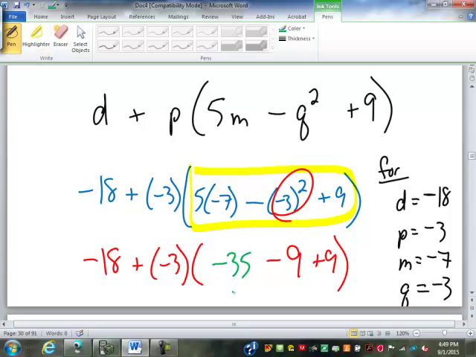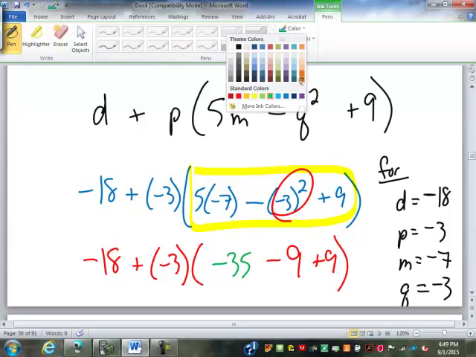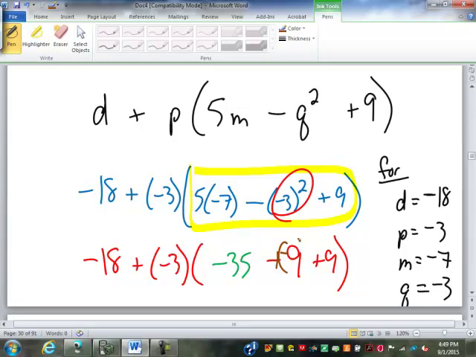And then negative 35 minus 9. We'll change it into a negative 35 plus a negative 9. It's going to be a negative 44. Plus 9 is back to negative 35.